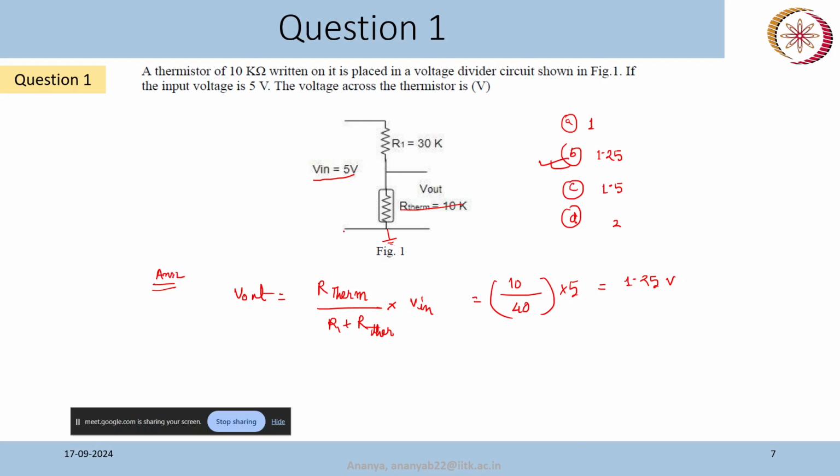So this is 5 volt and the total resistance is 30 plus 10, so that is 40 kilo ohm. So current is 5 volt by 40 kilo ohm, so this will be some milliampere. 5 by 40, right?